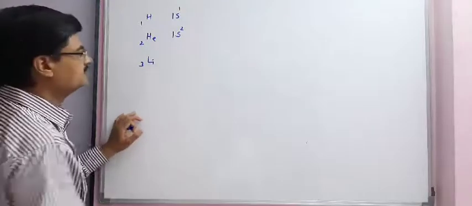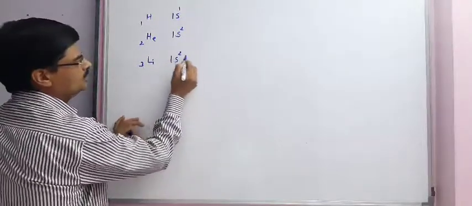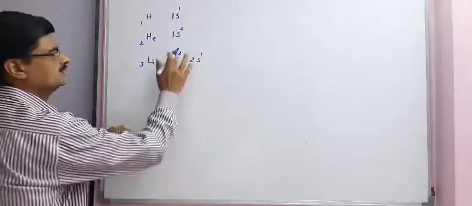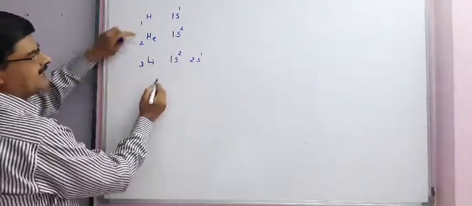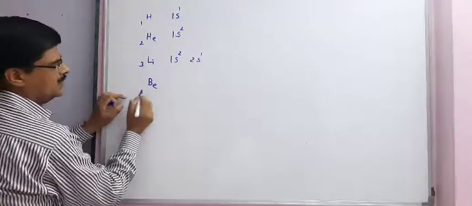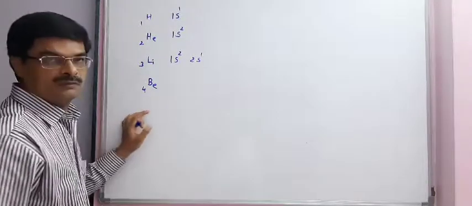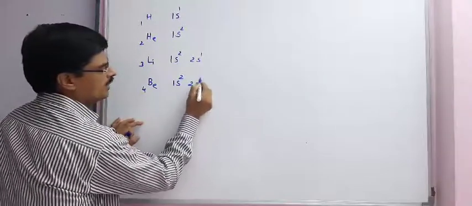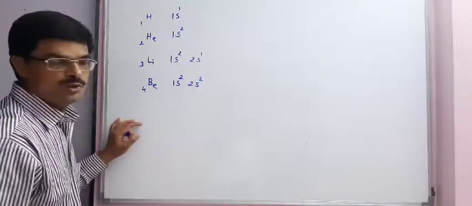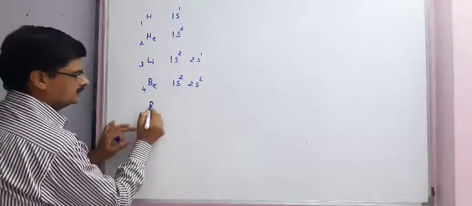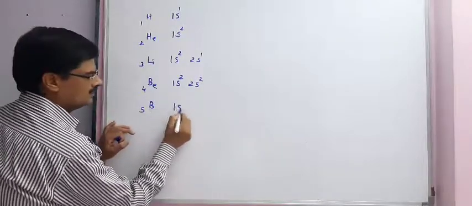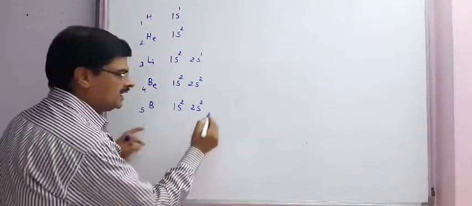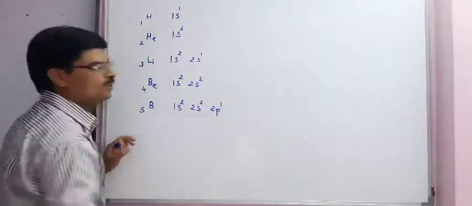Now lithium, 1s2, 2s1. Beryllium, atomic number 4, 1s2, 2s2. Boron, 1s2, 2s2, and the fifth electron is filled in the 2p orbital.